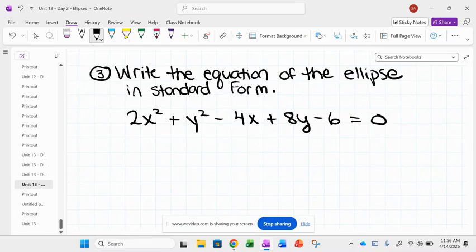Clearly, this is not it. So what is that algebraic process that I'm going to have to take to make it look like that? Completing the square. Exactly. How am I going to complete the square?